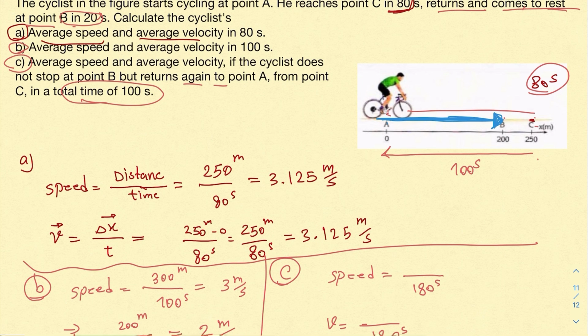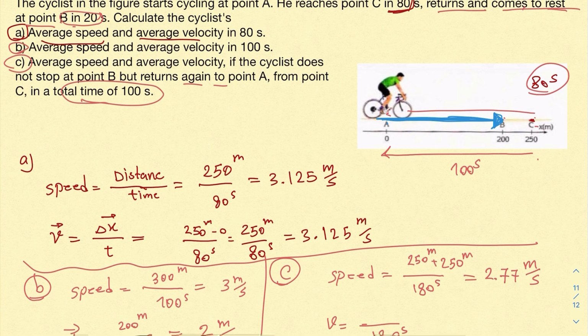So it will be 250 meters plus 250 meters, which is equal to 500 meters, divided by 180, which will give us 2.77 meters per second. So this is the average speed.